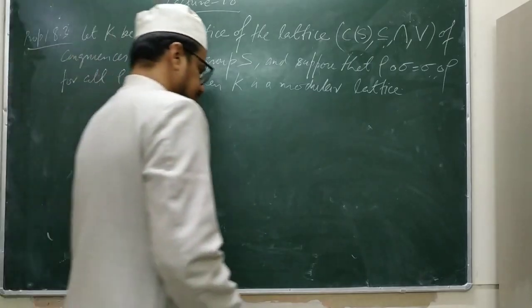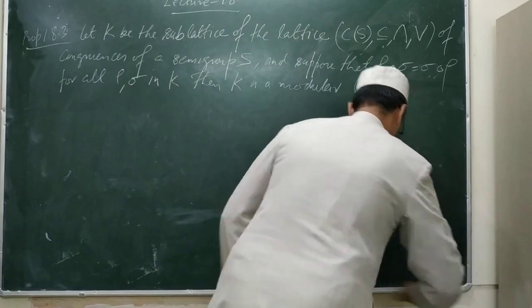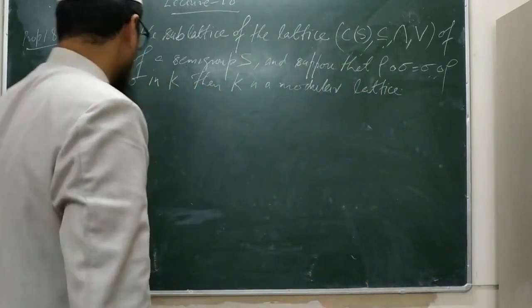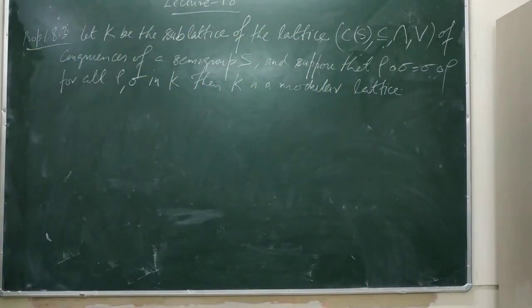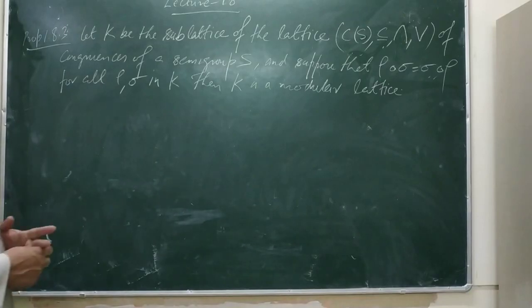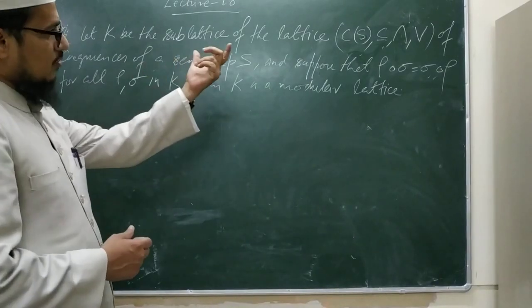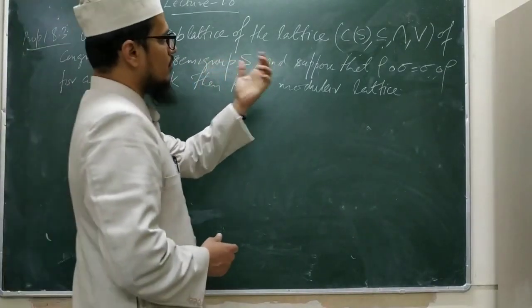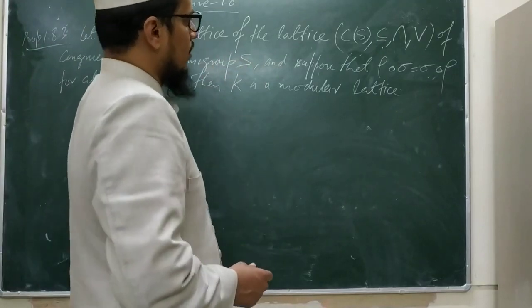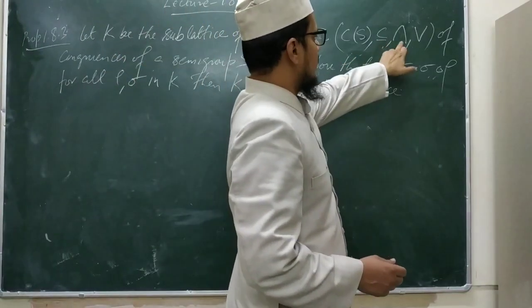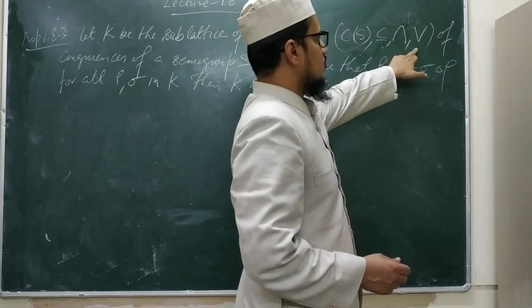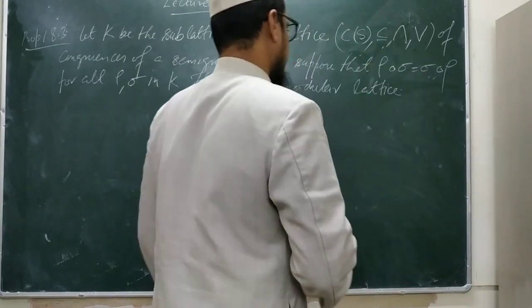So basically it is given that K is a sublattice of the lattice of congruences. This is the lattice of congruences, correct? How is the order written, how is meet written, and how is join written?